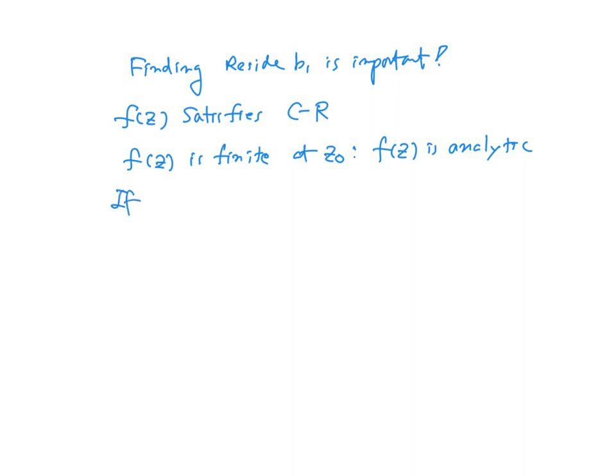If not, z0 is called a singularity or pole.